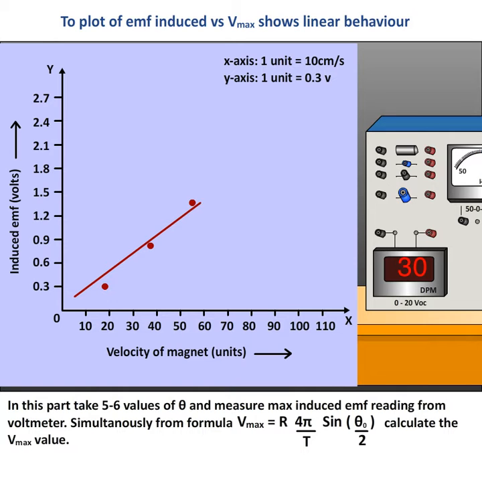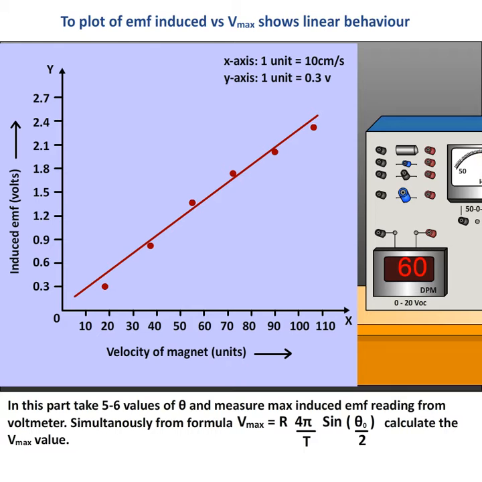We now plot a graph between induced EMF and maximum velocity. The graph shows a linear behavior. The reason for linear behavior stems from Faraday's law, which states that the EMF induced in a coil is directly proportional to the magnitude of the rate of change of flux through the coil.